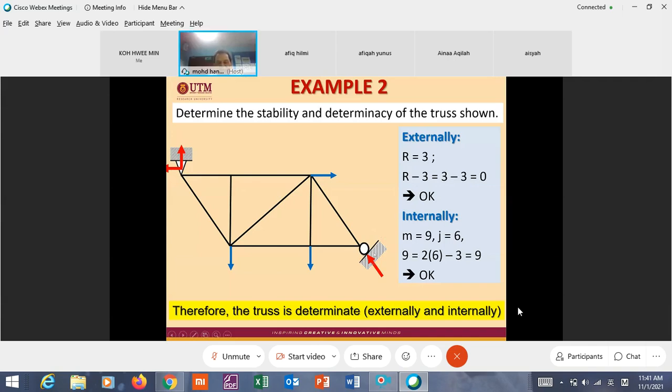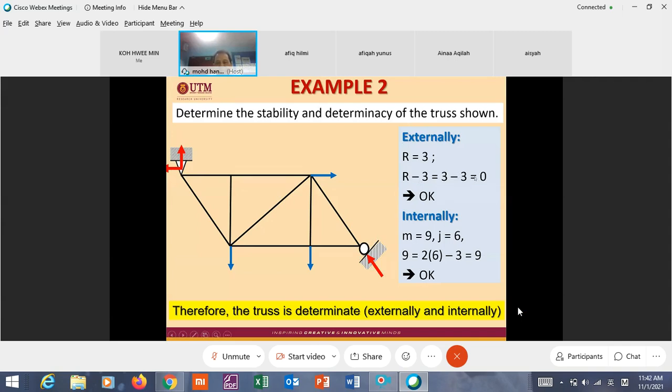Actually this reaction is a resultant of horizontal and vertical components, but the resultant is always normal to the sliding surface. That's why we have only 3.